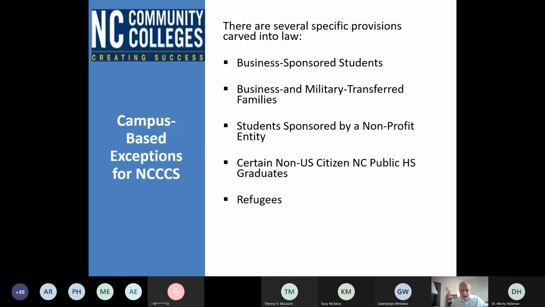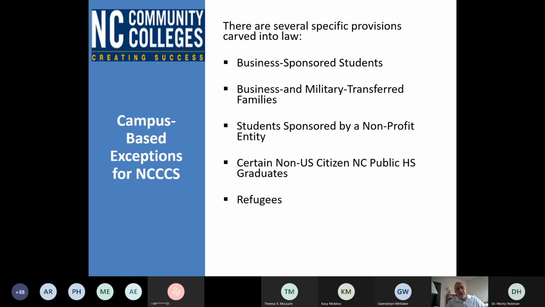Business and military transferred families. This is the one where there's a cap set that it can't exceed 1% of your out-of-state, your non-resident students. So very limited. The idea is someone's employer transferred them from one state to another where they have a presence in North Carolina.